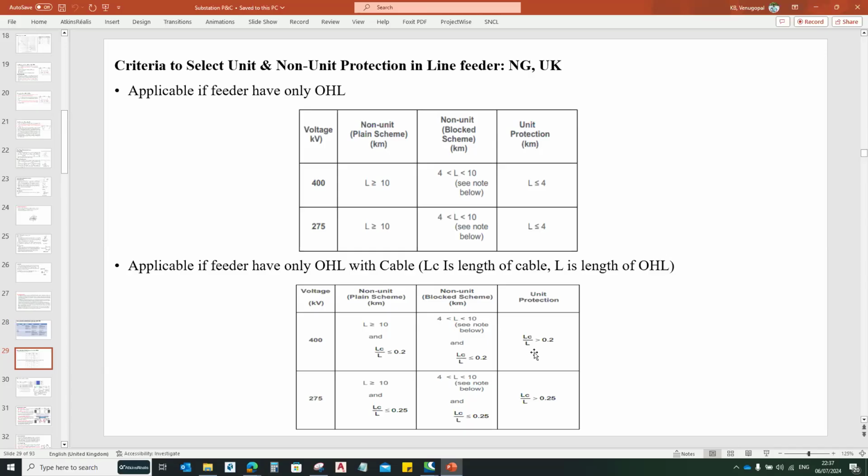In that case, the selection of unit or non-unit protection will be based on this parameter. If the cable length reaches more than 20% of the total transmission length, then you should go with unit protection. If the cable section in the overhead line is less than 20% of the total line, then you can go with non-unit protection.